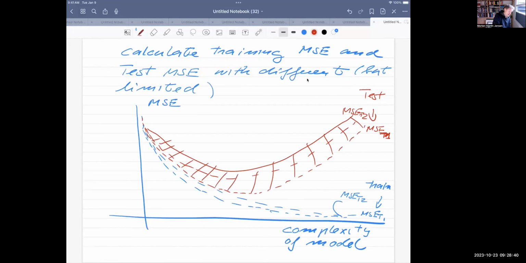So let's just make a band like this. But all the models tend to give some kind of minimum around here where we would have the optimal model. Because beyond that point, we are starting to overfit. So the mean squared error goes up. So this is the optimal model.